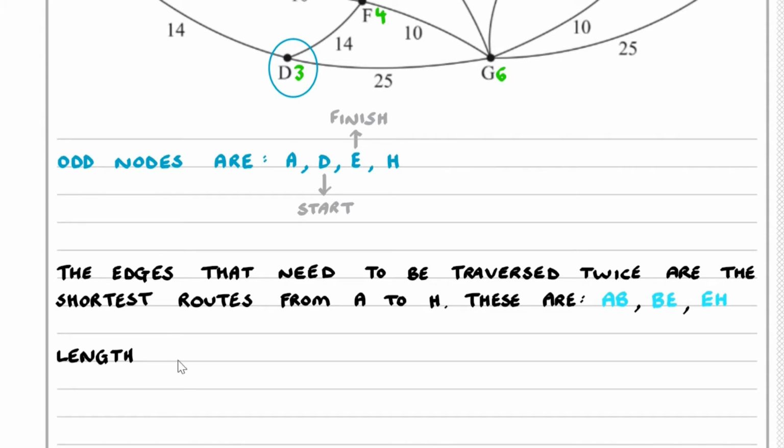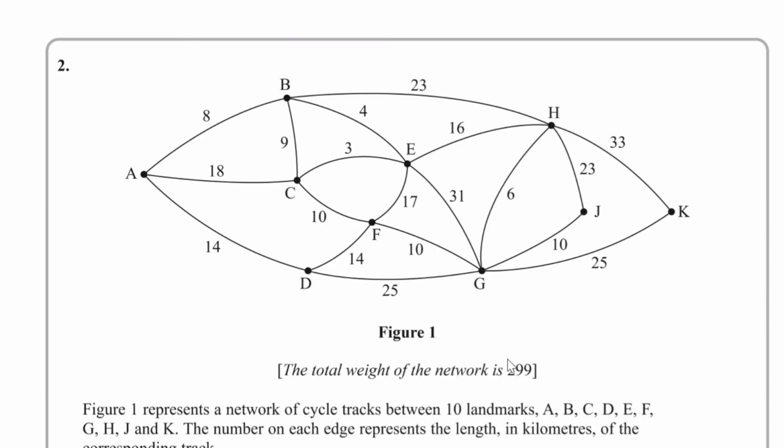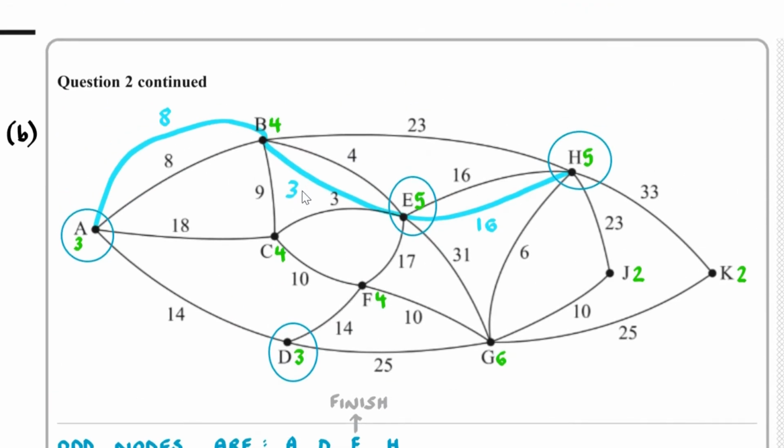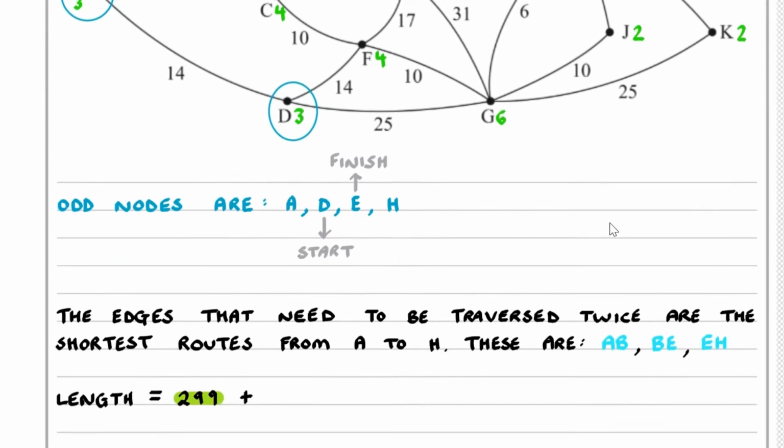So now when we come to find the length, what we have is the 299, and what we add this to is the 8, the 3, and the 16.